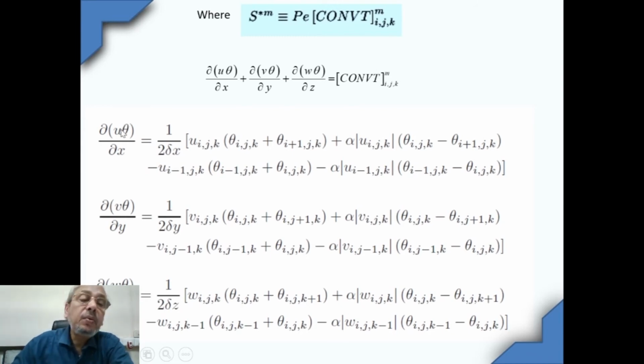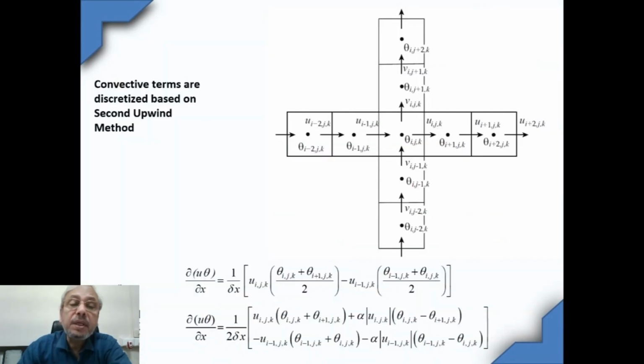And then we have given the expressions for del x of u theta, del y of v theta, del z of w theta. And we have followed the same second upwind method of discretization for the convective terms.